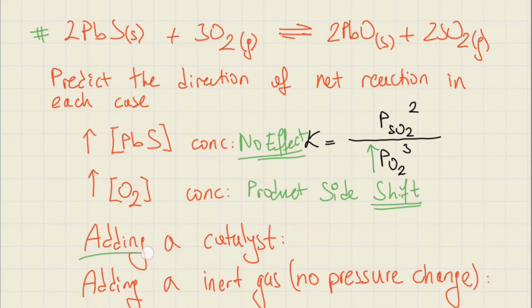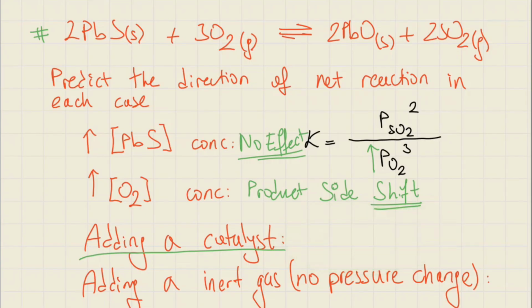And we can add a catalyst, but as you see, we have a reverse reaction and the forward reaction. This is the forward reaction and this is the reverse reaction. If we add the catalyst, then the reverse and forward reaction rates will increase, but it doesn't change the equilibrium, so there is no effect of adding a catalyst.